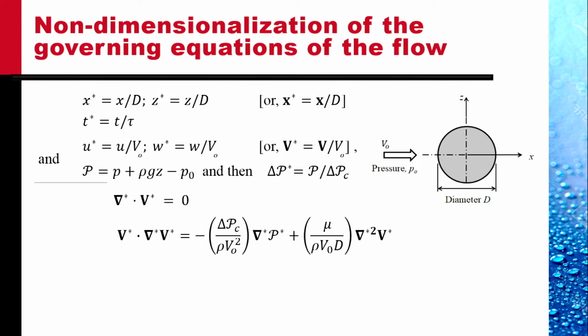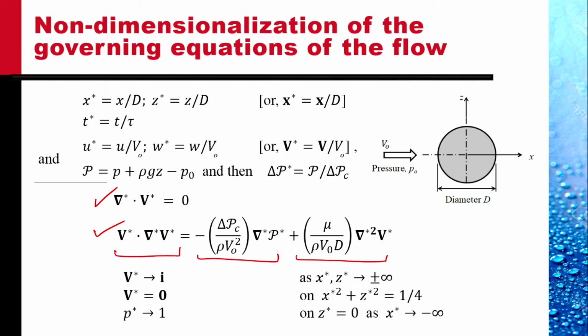And if we do this, then for the steady flow, this is the normalized continuity equation, and this is the normalized Navier-Stokes equation. This represents the combined effect of pressure and gravity, this the viscosity, and this the convective acceleration. The boundary conditions are also normalized.